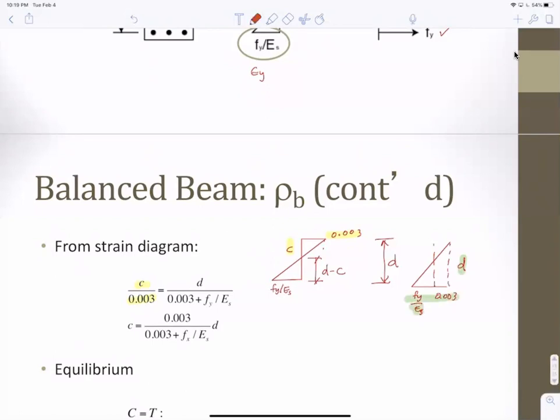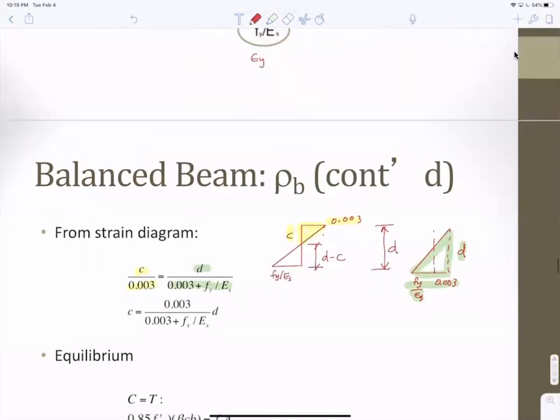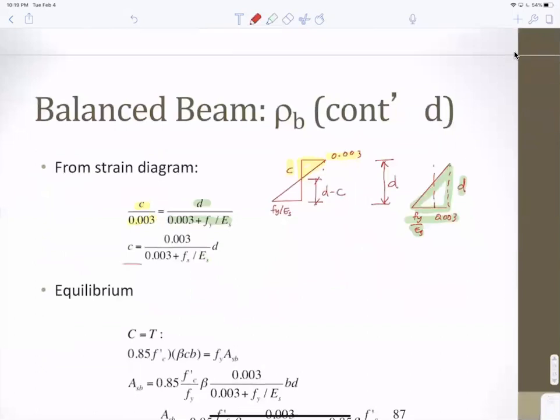So there's the two similar triangles. The yellow triangle is similar to this green triangle. And here's the yellow triangle. Solve for c. You get this. And we know the neutral axis is now there.